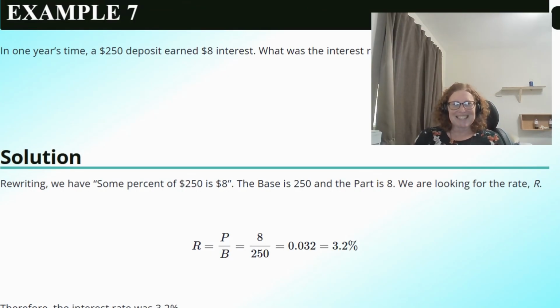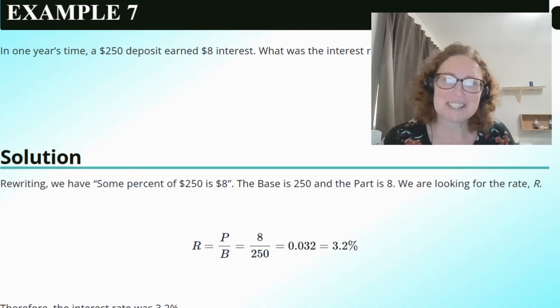The part is 8 because that's your interest, and your 250 is the deposit. And when you divide that out, you get 0.032. Remember, we're looking at the rate, so we typically would like to see that in a percentage, so that would give you 3.2%.